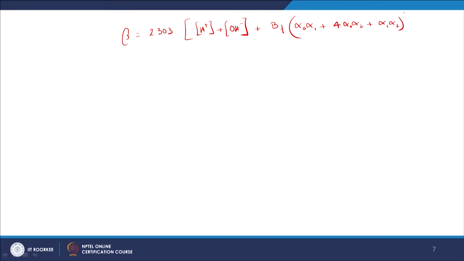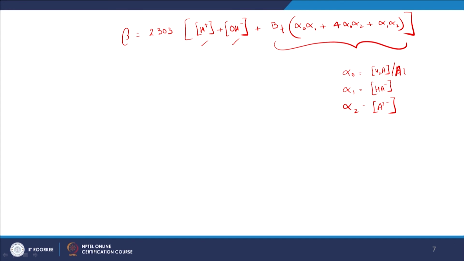So again let us try to understand this particular system. We already talked about these two variables when the pH is at its extremes. So we are concerned with this particular system. We know that alpha naught, alpha 1 and alpha 2 are the ionization fractions which give you the relative concentrations of H2A, HA minus and A2 minus with respect to the total acid here.